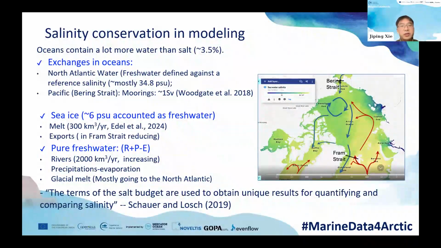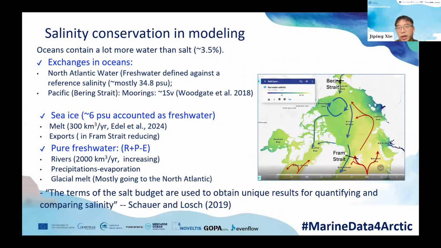So how is salinity conserved in the modeling? In the ocean there is a lot more water than salt, usually only about 3.5% in total. So salinity always takes the role of presenting how the different water masses exchange and mix.